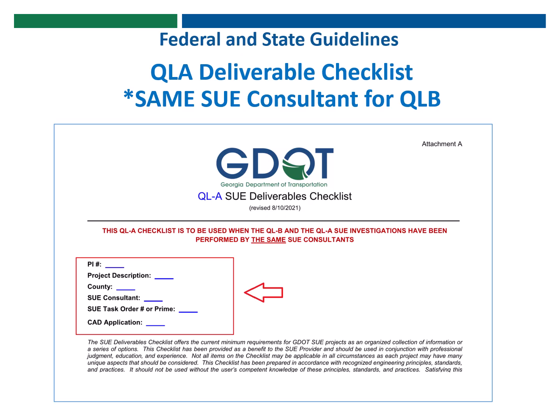So if you see this slide here, it's got the same consultant underlined. This checklist is if you've completed a QLB investigation and you are now doing the QLA. So you'll need to fill out all the information within this box on the front sheet.